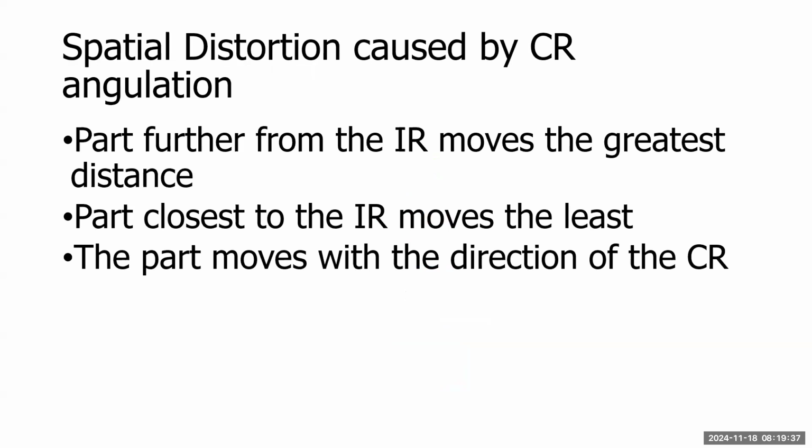So in spatial distortion, when we're creating spatial distortion by angling the tube, the part that's further from the IR is going to move the greatest distance. The part closest to the IR is going to move the least. And the part is going to move with the direction of the central ray. You guys have already done some projections where you're angling.